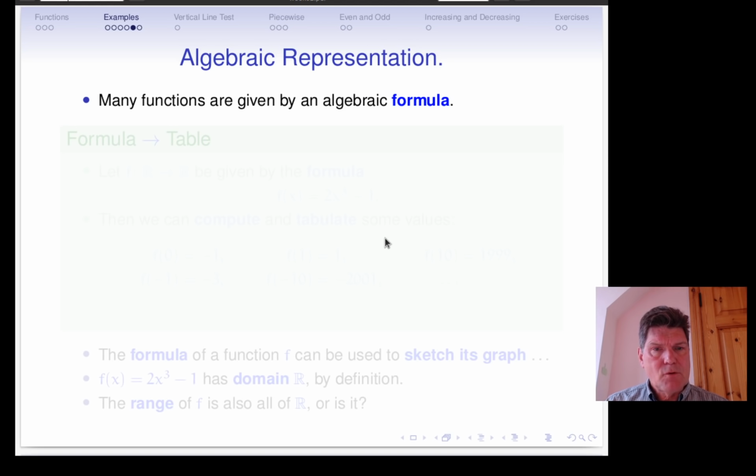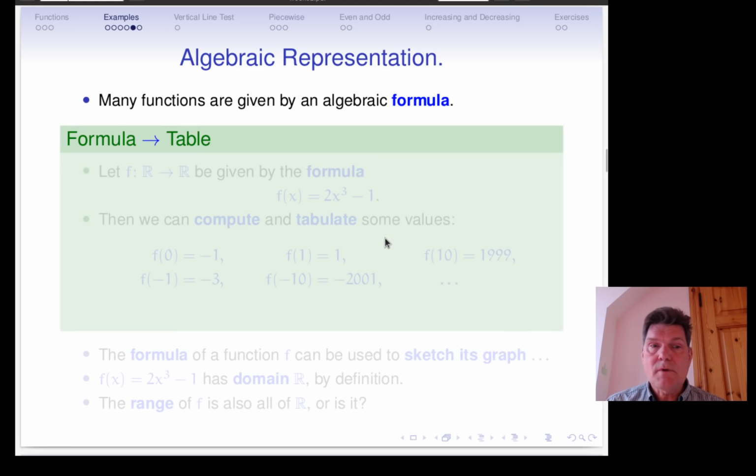Now it's typical that a function is given by a formula. Here is an example of a function given by the formula 2x cubed minus 1. It's a function from the reals to the reals. And we can, for example, compute and tabulate some values, if that's what we're interested in.